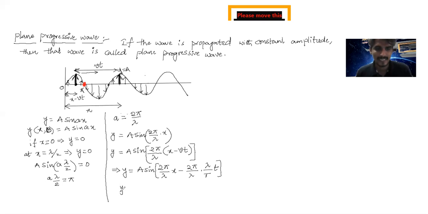Therefore, y can be written as a sine 2 pi by lambda into x minus 2 pi by T into t.